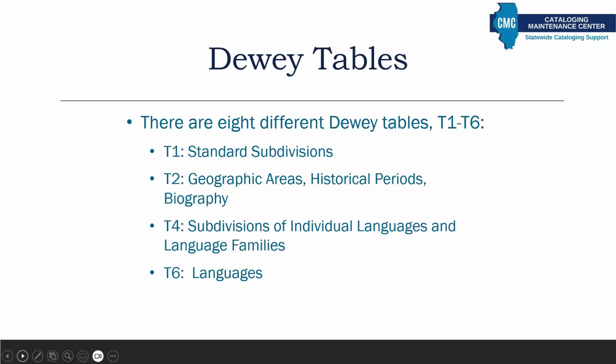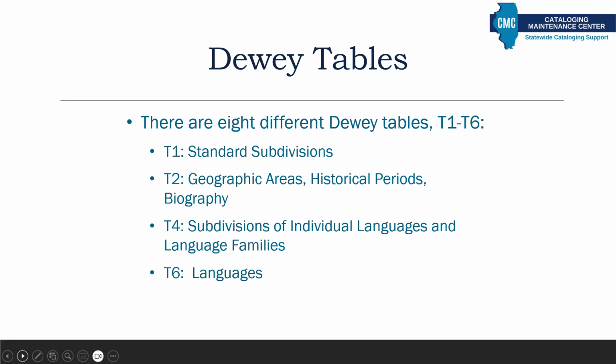Third, we're going to look at T4, because I would rather give the T3 table some more space on the next slide. This table explores notations for individual languages and language families. As you may surmise from what this table provides subdivisions for, this table may be used as required by add notes under subdivisions of specific languages or language families, or with a base number for individual languages identified by 420 to 490.